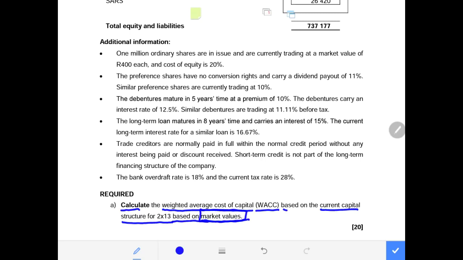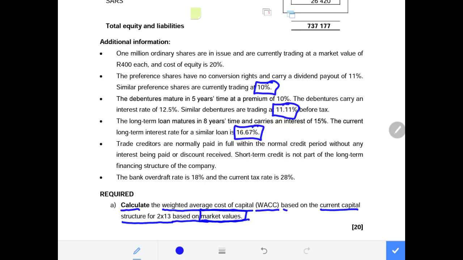So now market values, remember, with regards to the loan, this was the market value. With regard to the debenture, this was the market rate. And with regard to the preference dividends, this was the market rate. So we need to be mindful of all these rates that we have taken into consideration.